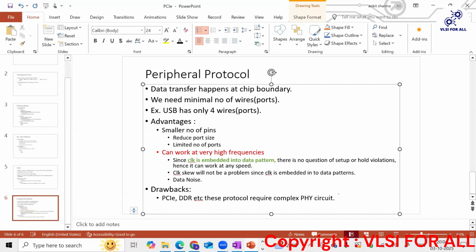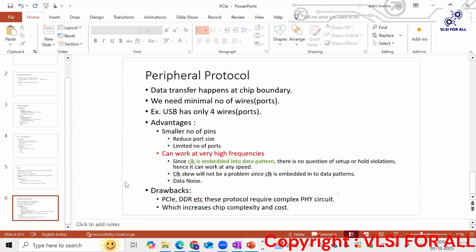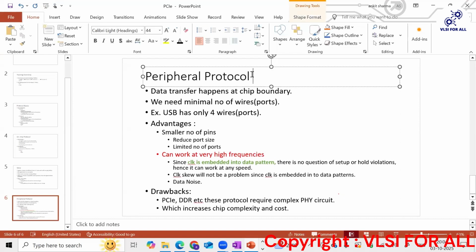So that is the only disadvantage, which increases the chip complexity and cost. If you are not curious about the cost, or if you don't care about the cost, then please go ahead. There is no disadvantage in this.